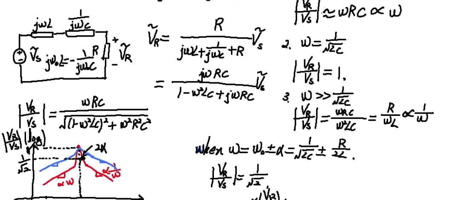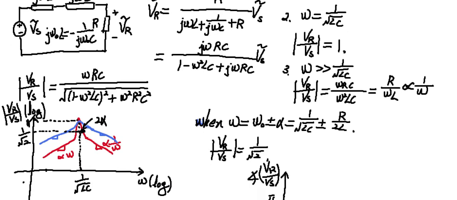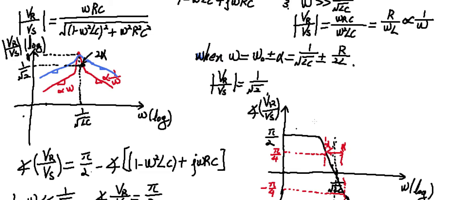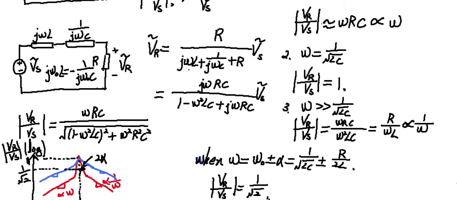If it's dominated by the impedance of the capacitor, then you will get pi over 2 phase change from the input to output. And also, the magnitude is heavily suppressed because, as we recall, at a low frequency, the capacitor behaves like open. So most voltage gets dropped across the capacitor.